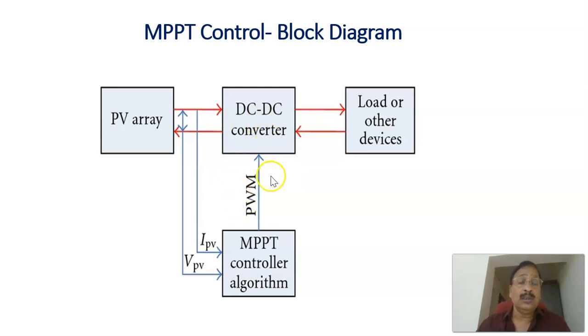To control the duty ratio of the switch of this converter, there is an MPPT controller that monitors the instantaneous PV voltage as well as the instantaneous PV current. IPV and VPV are monitored, and based on certain algorithms, that is, maximum power point algorithms, it can calculate the required duty ratio, and the corresponding maximum power can be delivered from the PV panel into the load. That is maximum power point tracking.